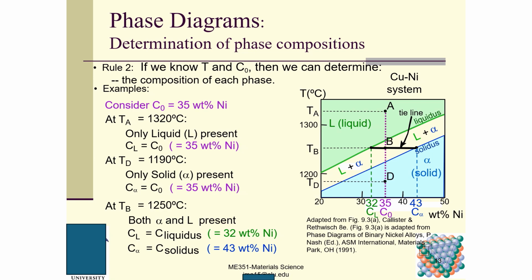So for these two phases, the total average concentration of nickel still equals 35%, but for the liquid it is lower, 32%, and for the solid it is higher, 43%. Do you have a sense? This horizontal line is called a tie line, which intersects the two different lines in the phase diagram.